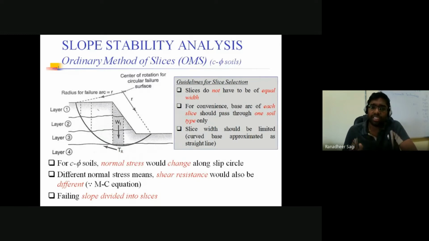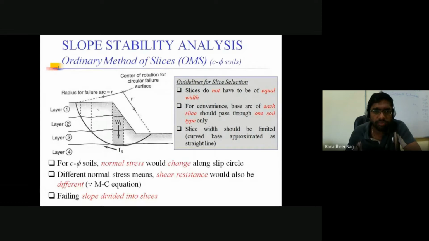Now, what is the advantage of those n number of elements? If you look at each element, at the bottom of each element where the failure surface is defined, we approximate that to be a straight line, though it is a curvilinear portion.